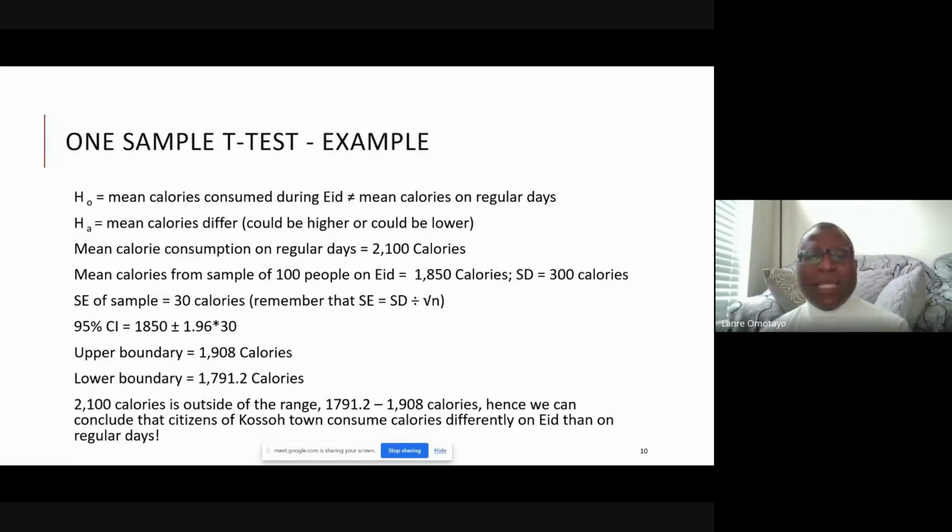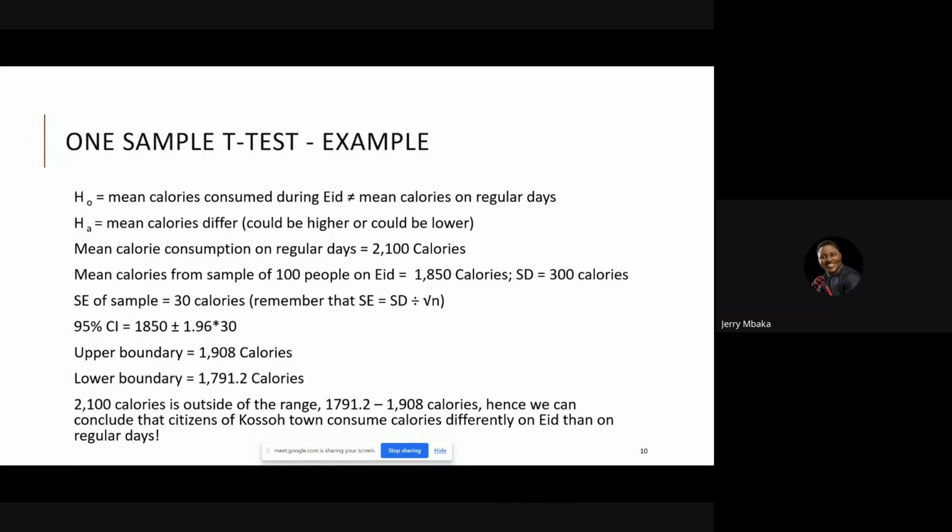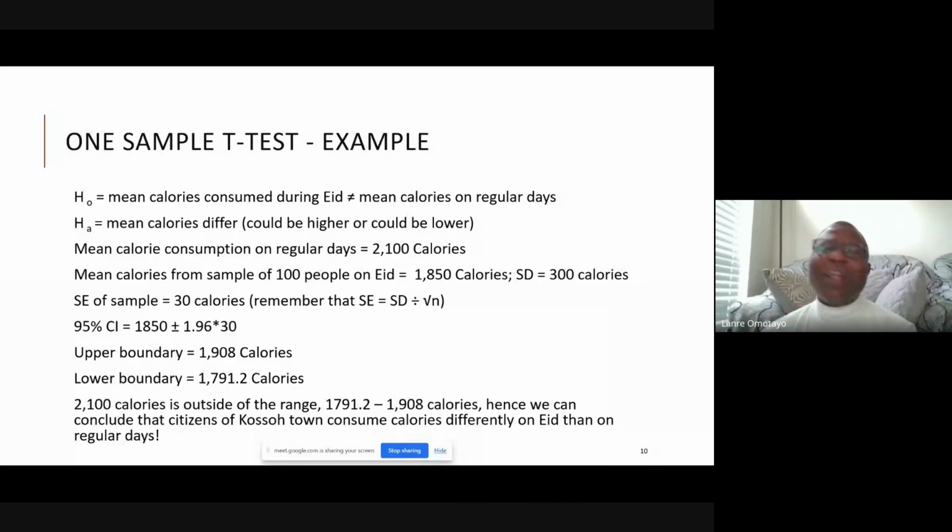Okay, that's one formulation, which is good. We are saying that on Eid day, members of the population consume calories differently than on days that are not Eid day.